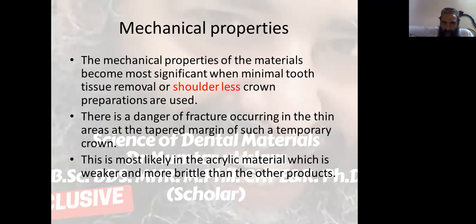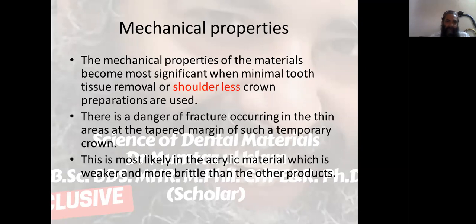As for the mechanical properties of the materials, they become most significant when minimal tooth tissue removal or shoulderless crown preparation are used, because we have a thin material covering the crown.